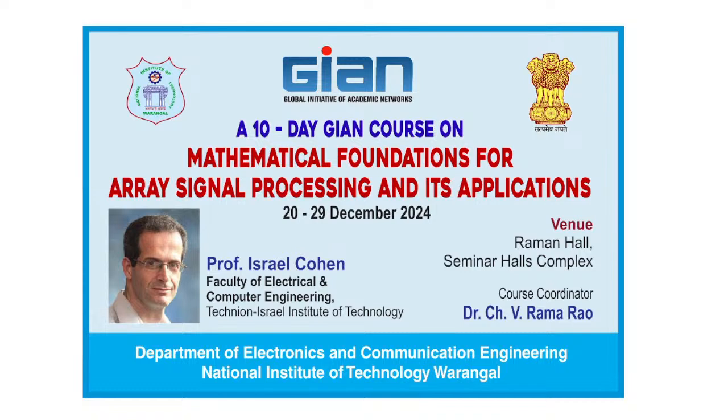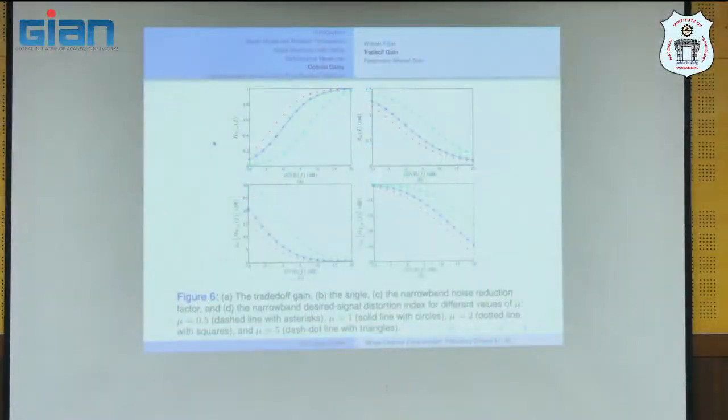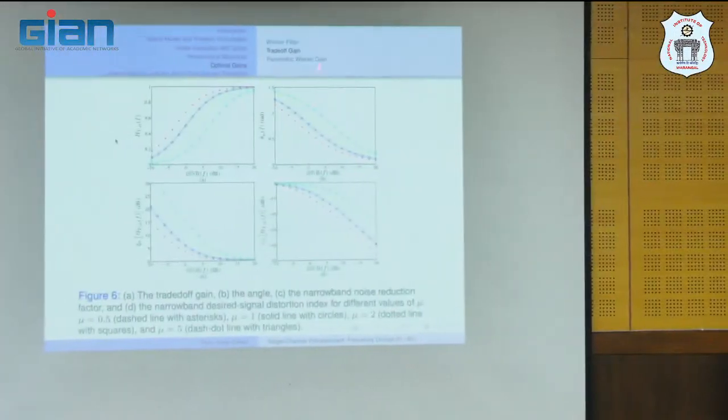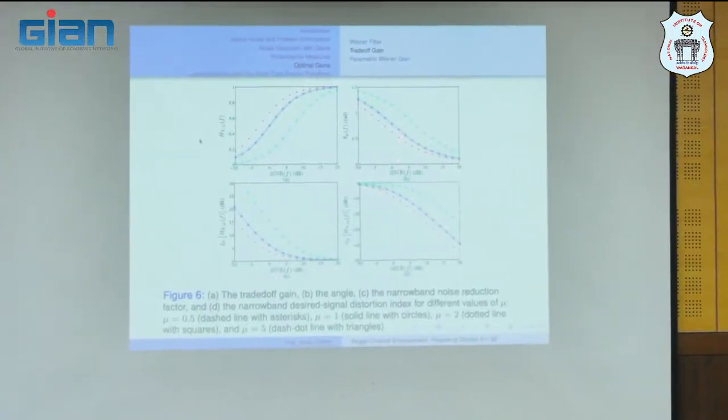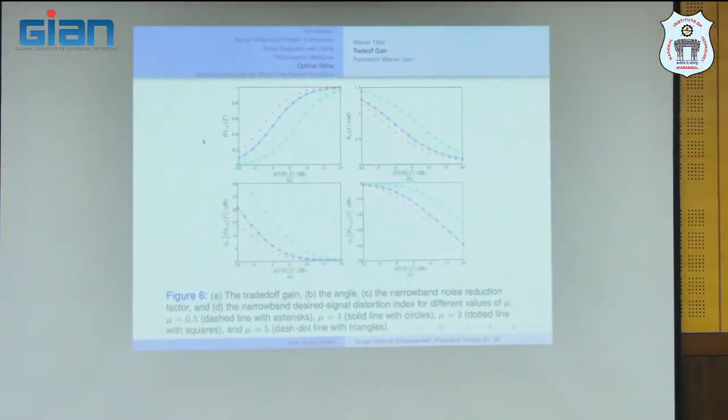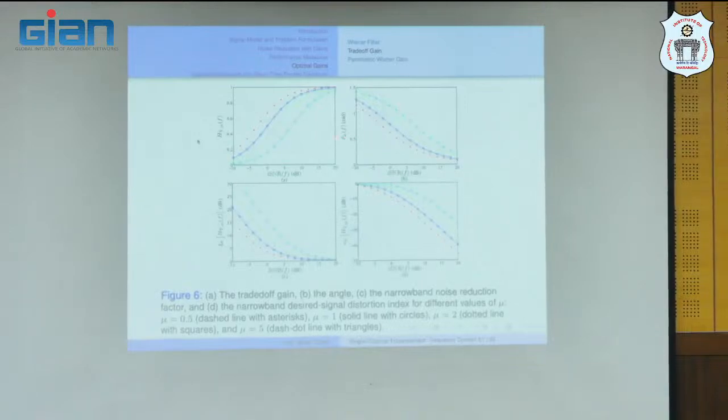So when mu increases, this part increases, so theta mu increases. If we plot theta mu as a function of the input SNR, for a given input SNR, when we increase mu, theta mu increases, just like in this graphical representation.